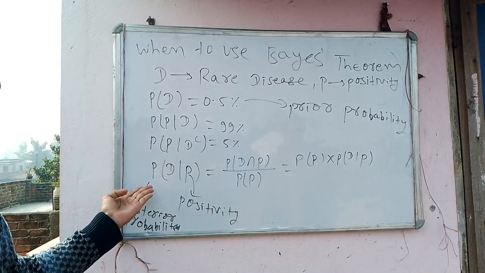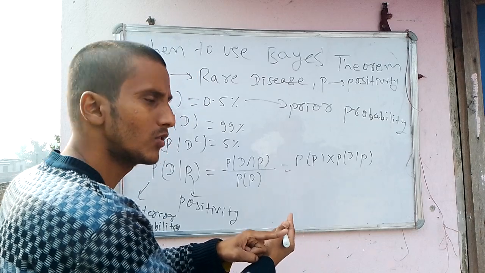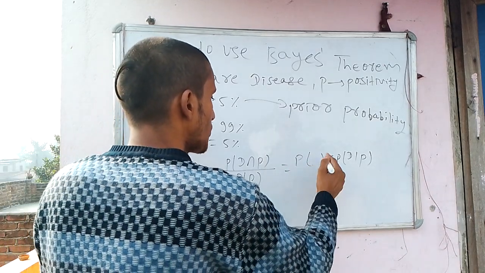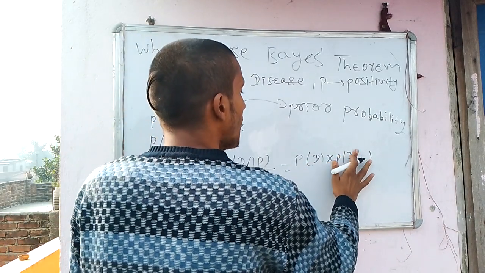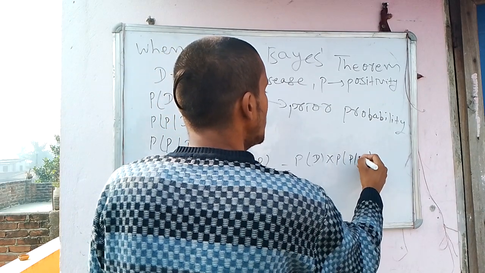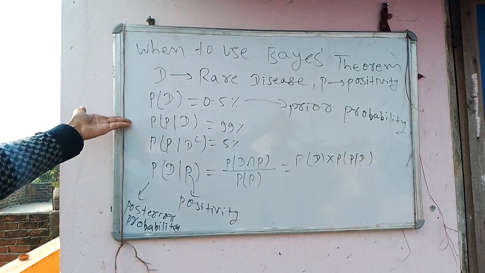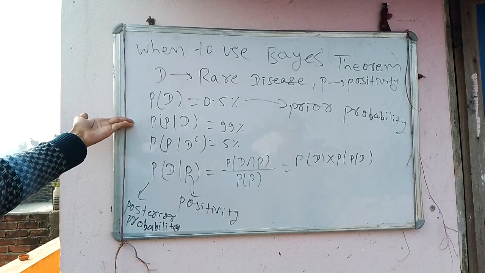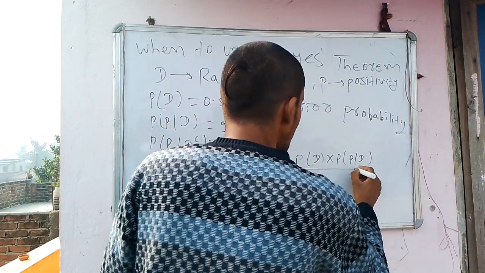Does that make sense? So we have to go the other way around. We write probability of D times probability of P given D, which we did the research for. Does that make sense? And divide by probability of P.